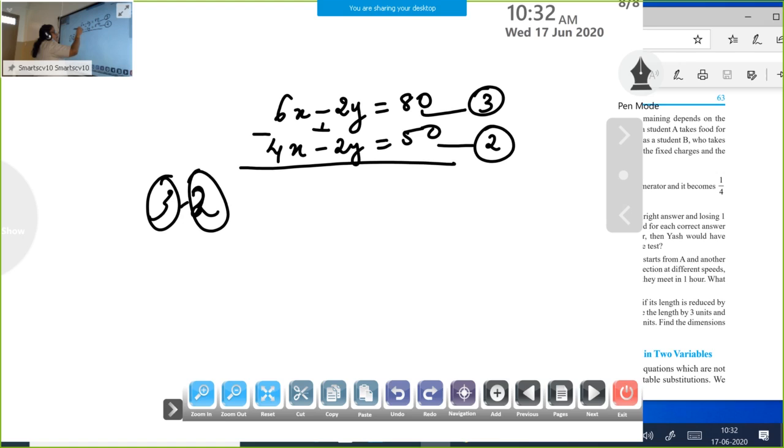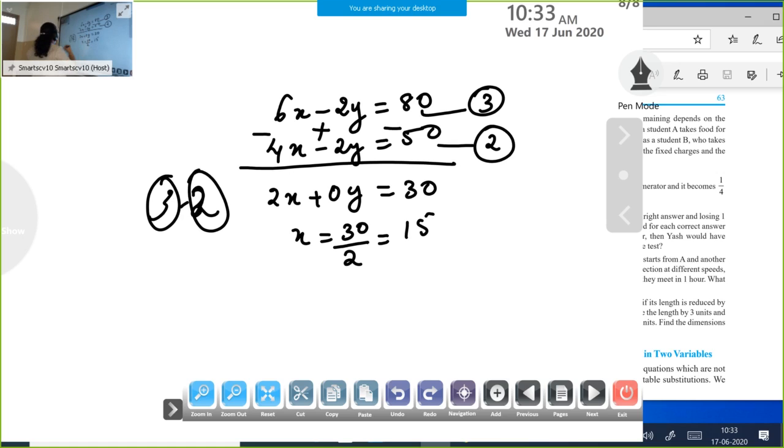Minus of minus is plus. 6x minus 4x is 2x, minus 2y plus 2y is 0y, equal to 80 minus 50, which is 30. x is equal to 30 divided by 2, that is equal to 15.